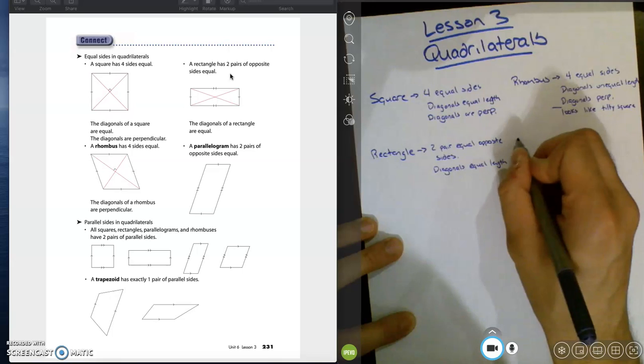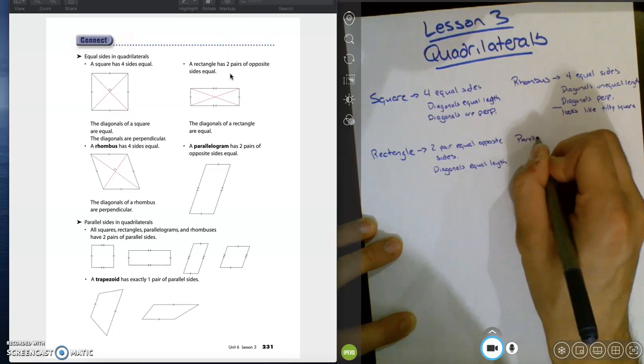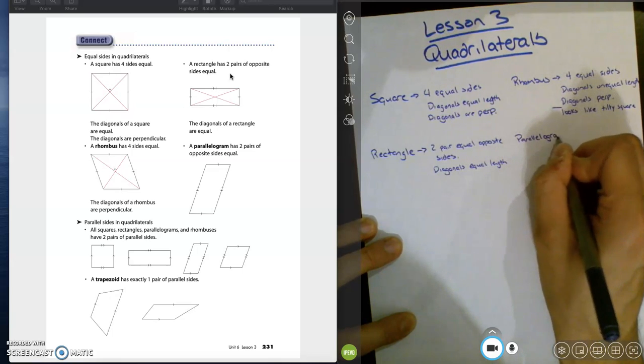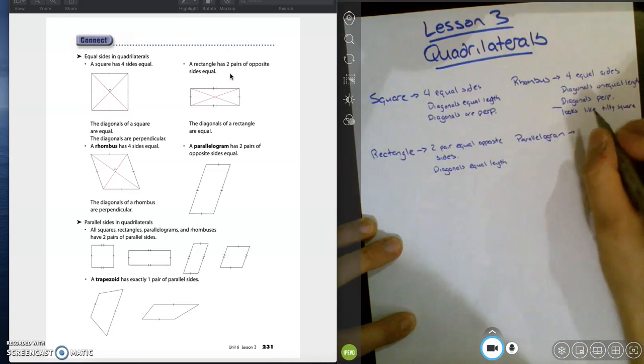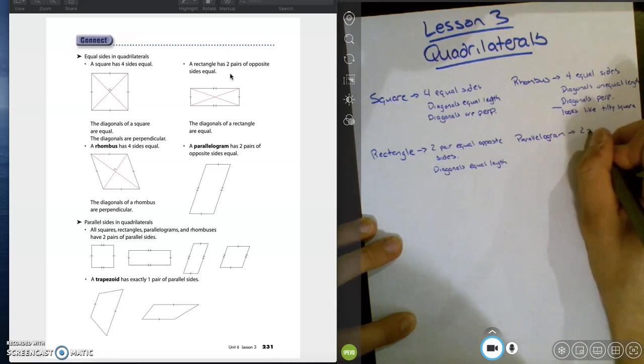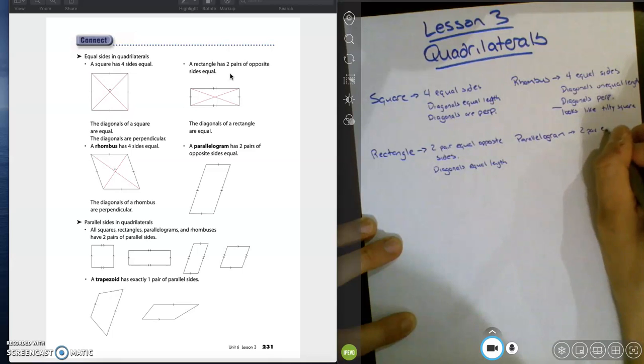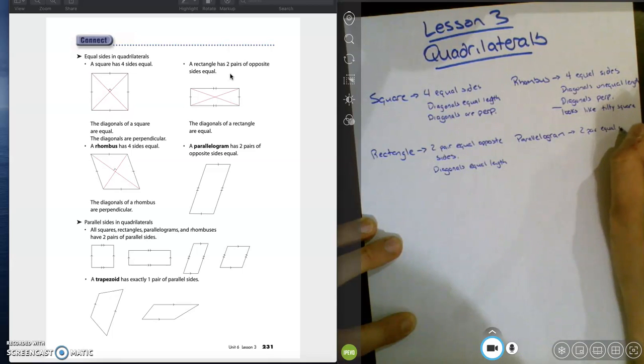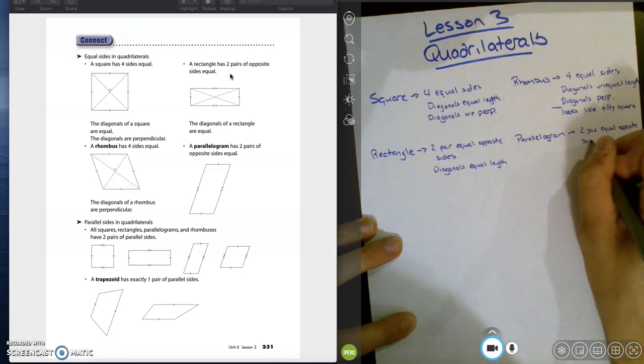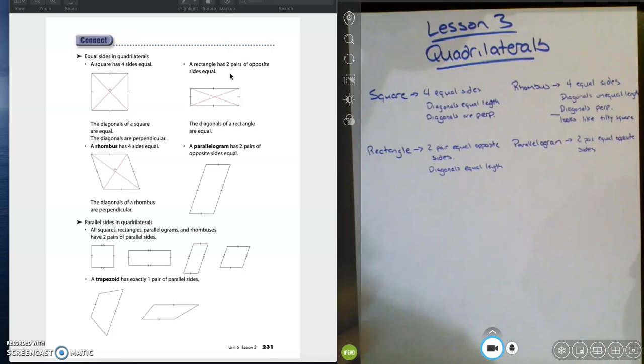A parallelogram has 2 pairs of equal, opposite sides. So it's the same as the rectangle, and that's all the information it gives us.